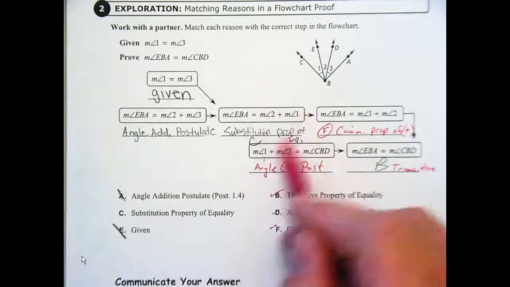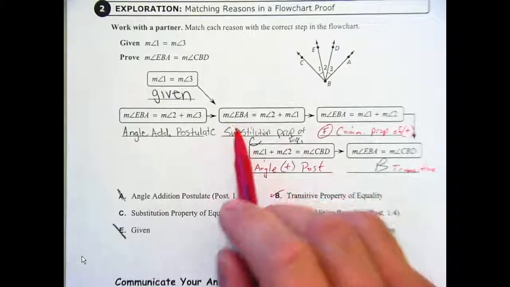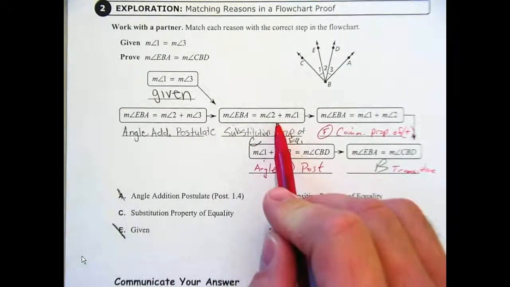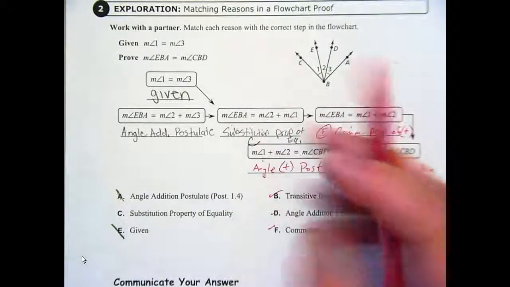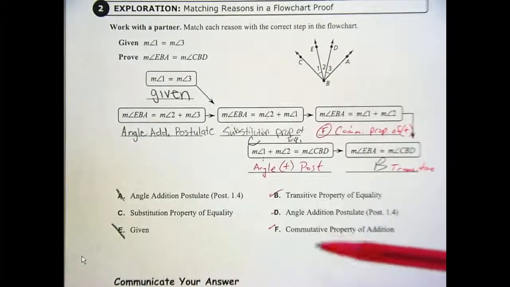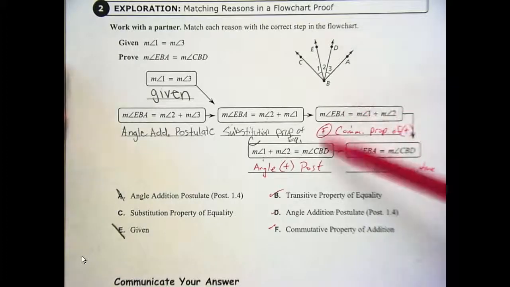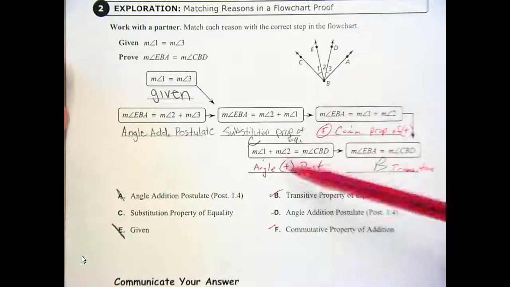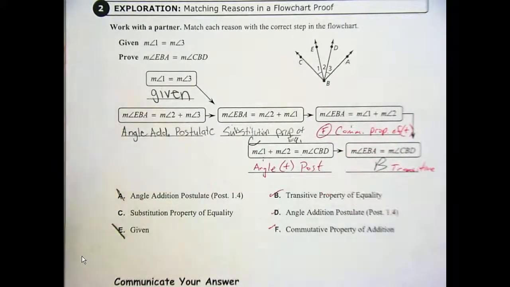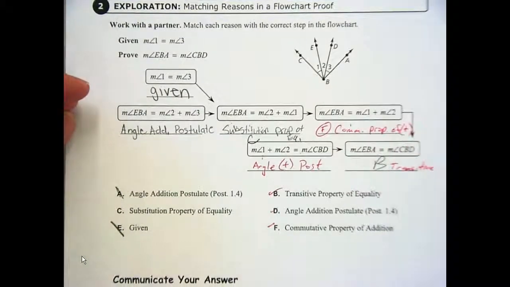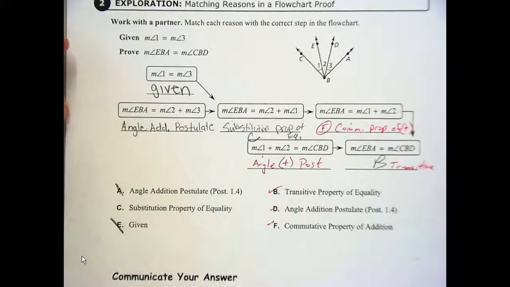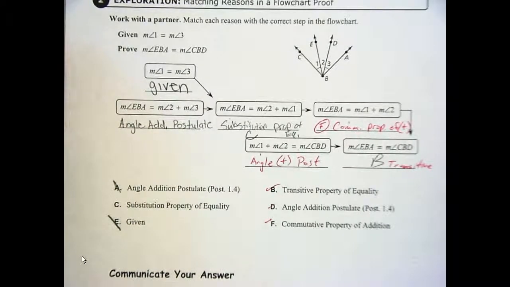You'd say by the substitution property of equality, measure of angle EBA is equal to measure of angle 2 plus angle 1. So really you're taking your statements and reasons and putting it into a format where you're using a paragraph. You're using sentences. It's easier to do that if you are a big-time English buff and you like that stuff.